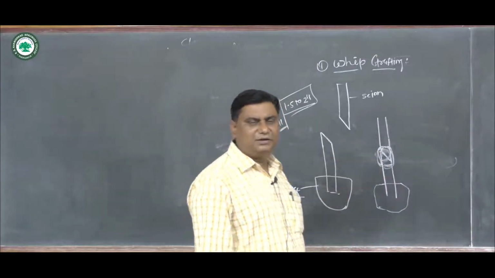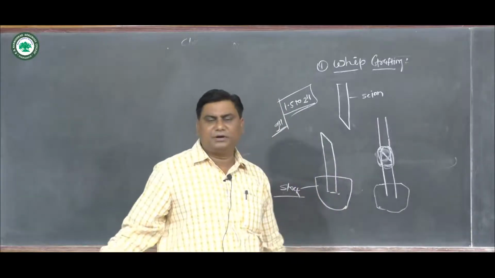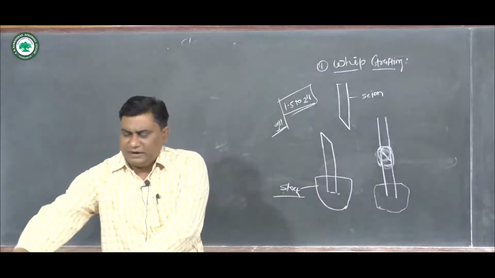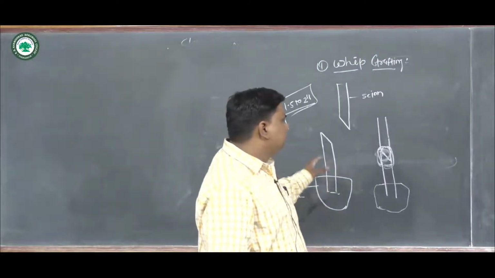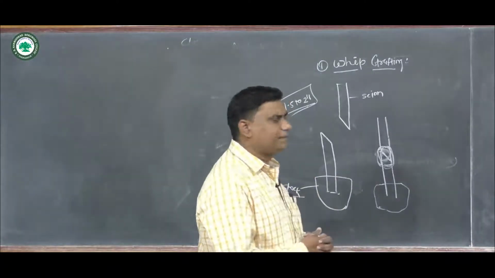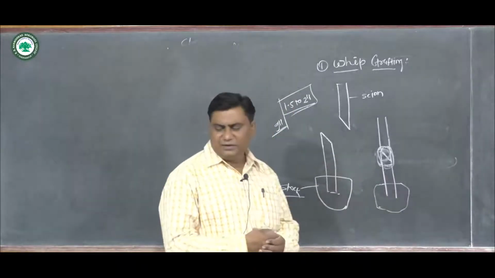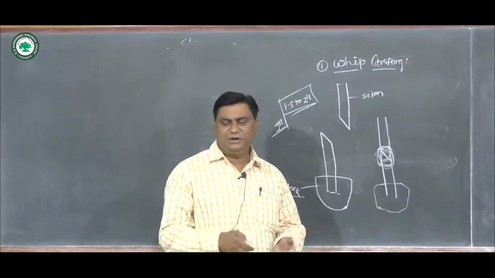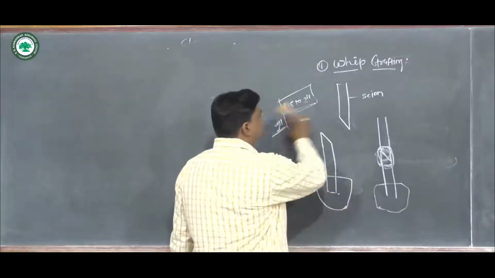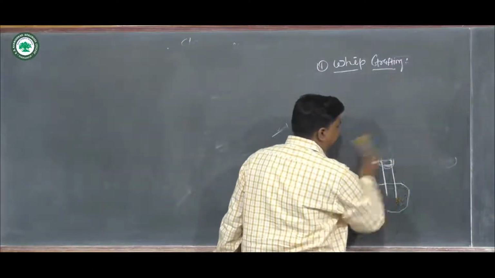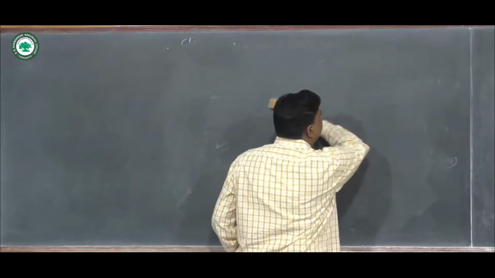After that, the union takes place in this way, within a few months. So it is a very simple method of whip grafting. Then next is tongue grafting.